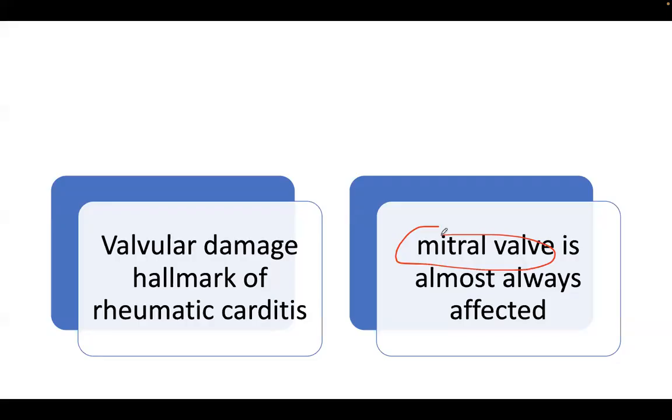Mitral is number one. What is number two? Okay, correct. It is the aortic valve. Mitral valve is number one. Aortic valve is number two.